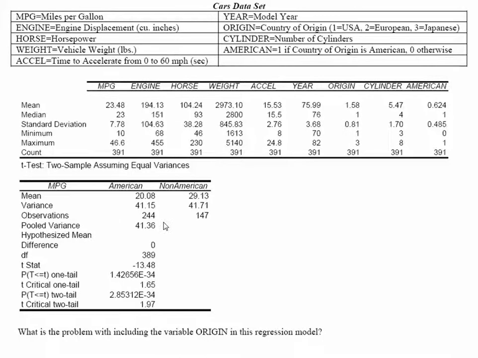Then we took a look at a t-test comparing the American vehicles to the non-American vehicles based on miles per gallon. We find that non-American vehicles, on average, have a higher miles per gallon rating than an American vehicle. And we find that this value is statistically significant.